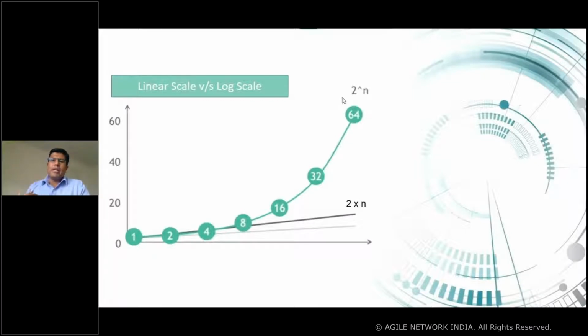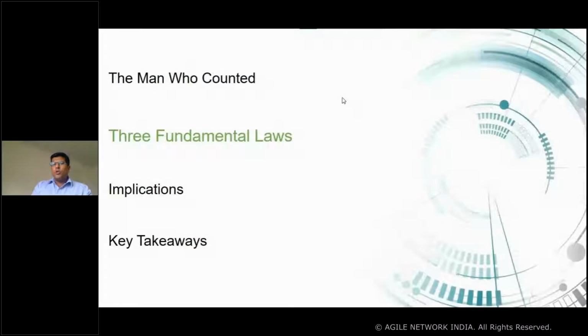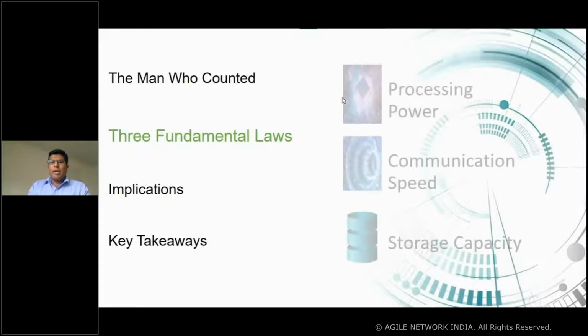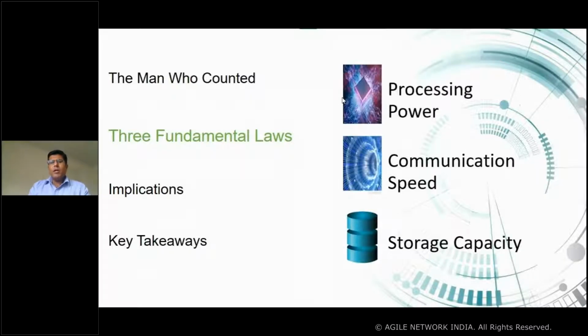the difference between linear scale and logarithmic scale, and this is very important for the why part of the digital transformation, which we are going to shortly discuss. So what this brings us to is the three fundamental laws pertaining to processing power, communication speed, and storage capacity.